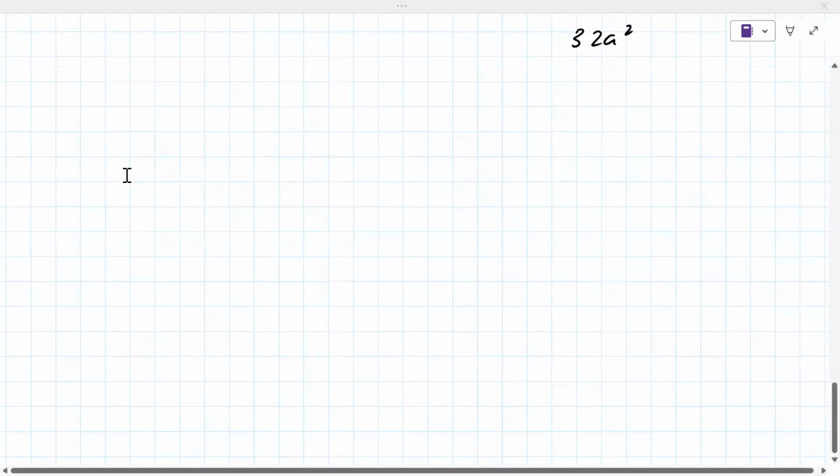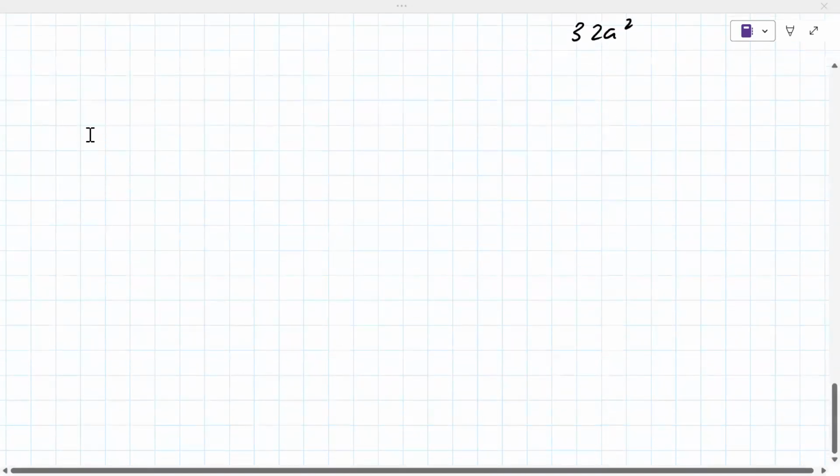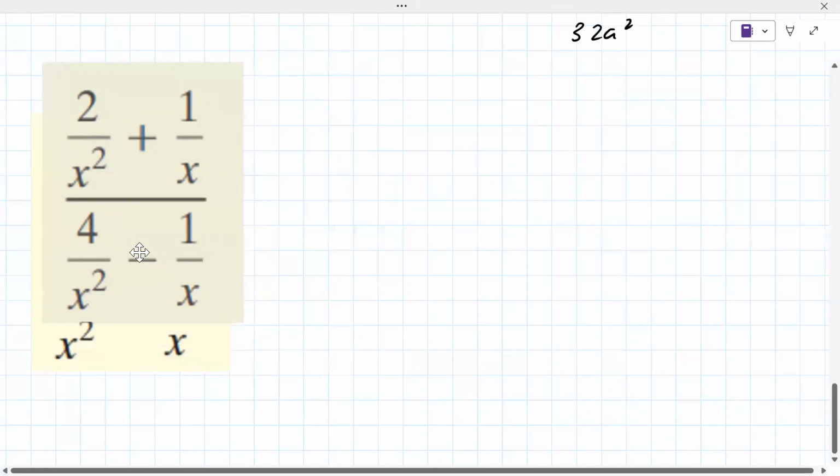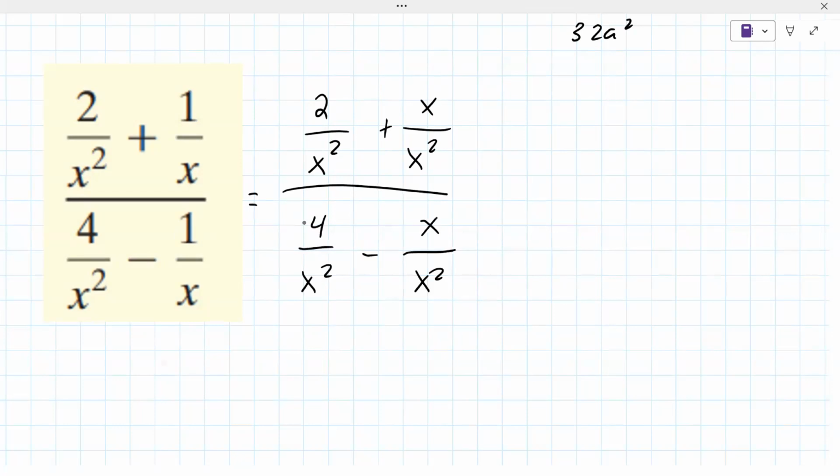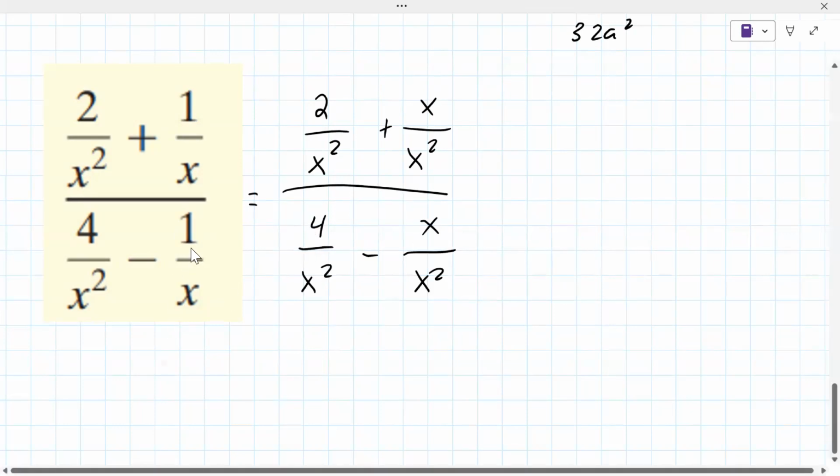Let me grab one of those for us to look at. You have to do the top separately from the bottom. It's x squared and x squared as your commons. On the bottom here, it's 4 over x squared minus x over x squared.